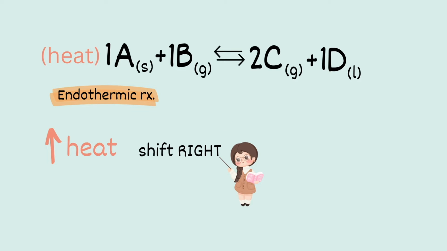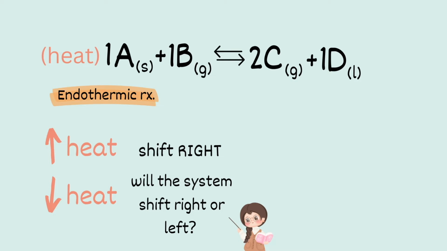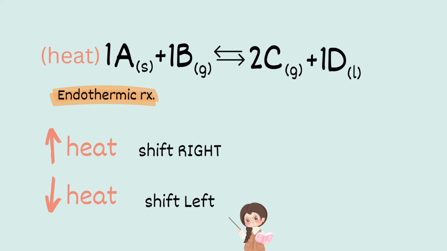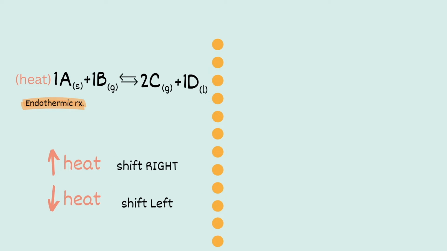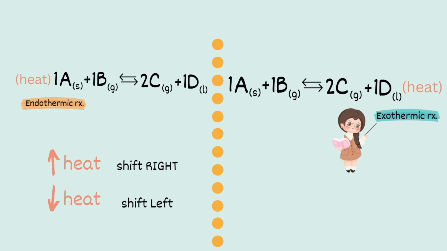It will shift to the right. And if we decrease the heat of this endothermic reaction, will it shift to the left or the right? It will shift to the left. Okay, let's compare this endothermic reaction to an exothermic reaction. We have heat on the product side, which means this is exothermic. It's a hint that it's exothermic, right?